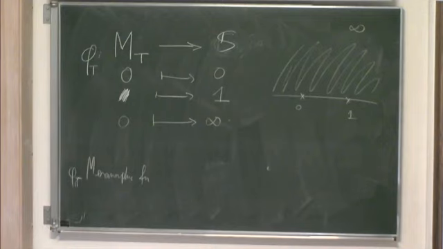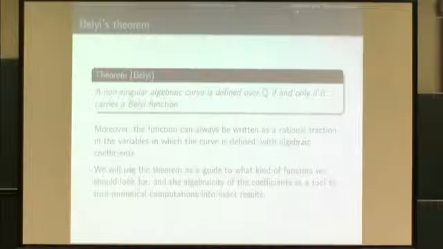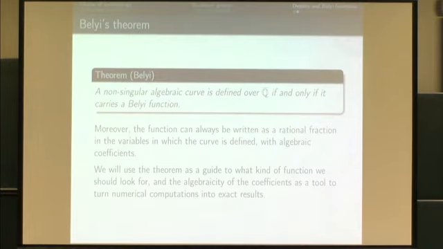Above all these points you get ramification because you have a degree here, and elsewhere the map is completely one-to-one locally. So there is this theorem telling you that surfaces that carry such a function that ramifies over 0, 1, and infinity are exactly the surfaces that are defined with coefficients that are algebraic numbers. So this is known as the Belyi theorem.